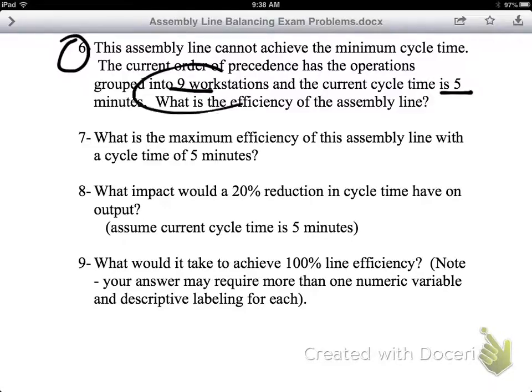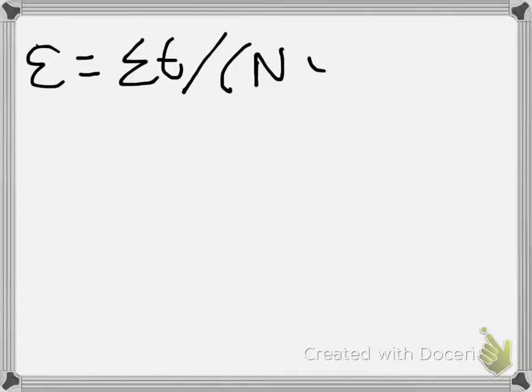We're going to use 9 workstations and a cycle time of 5 minutes. Our efficiency equals the sum of tasks divided by the number of workstations times our cycle time.